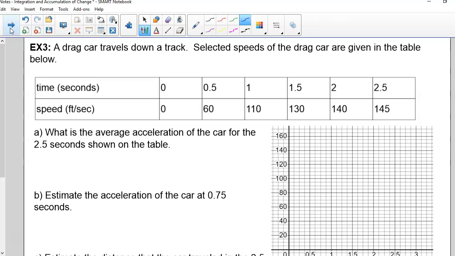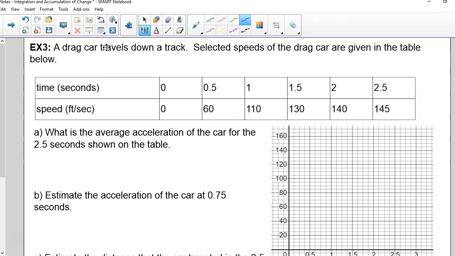And so let's look at this particular instance. So we've got a drag car travels down a track. Selected speeds of the drag car are given in the table below. So after 0, 0.5, 1, 1.5, 2, and 2.5 seconds, we've got the speed of the car. So it starts off at 0, it takes off and races towards the finish line. And of course I've picked the drag car because with drag racing, you're going straight.